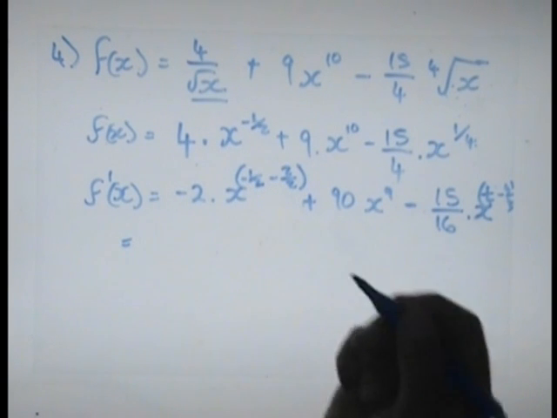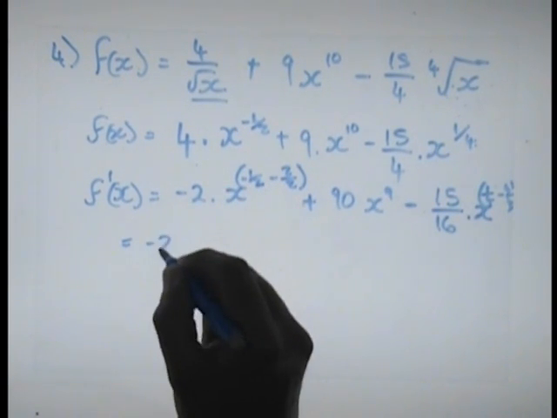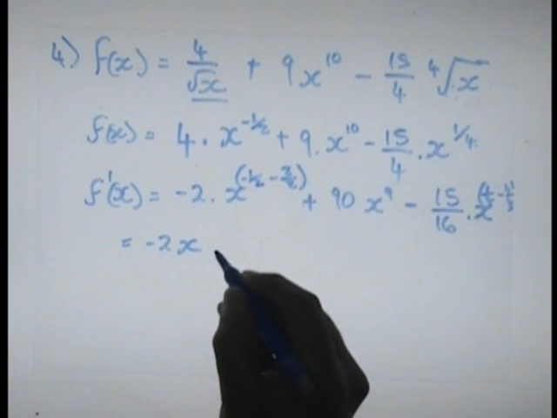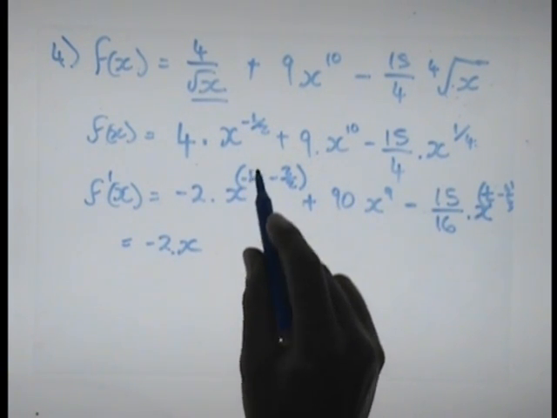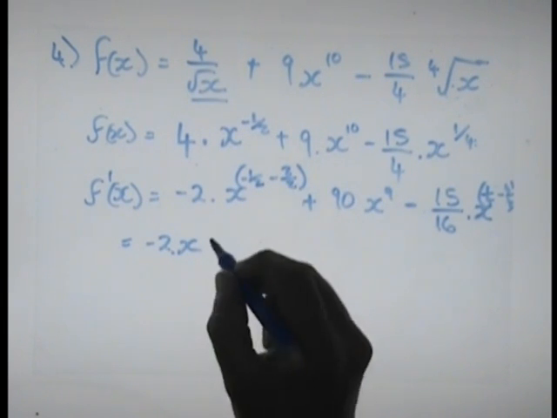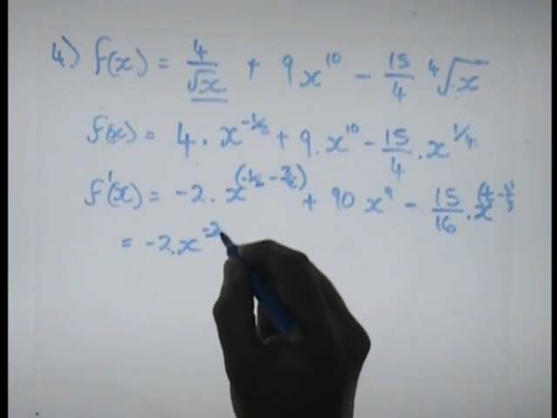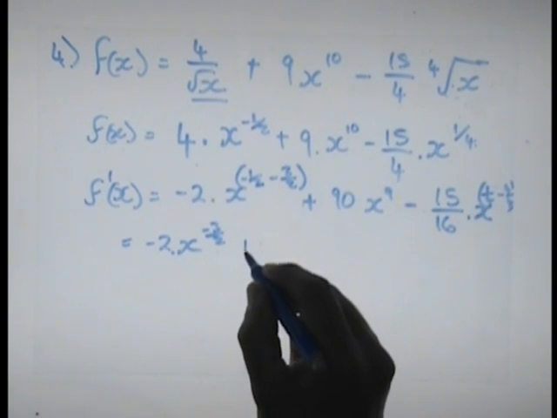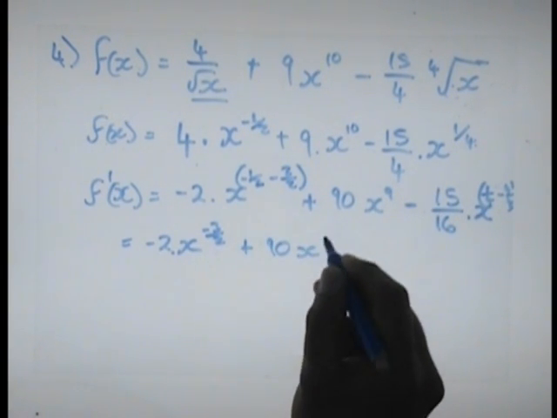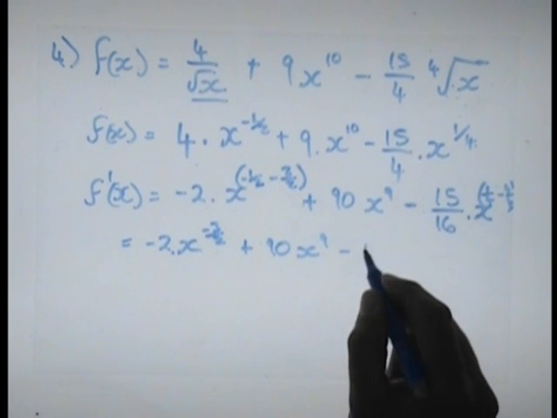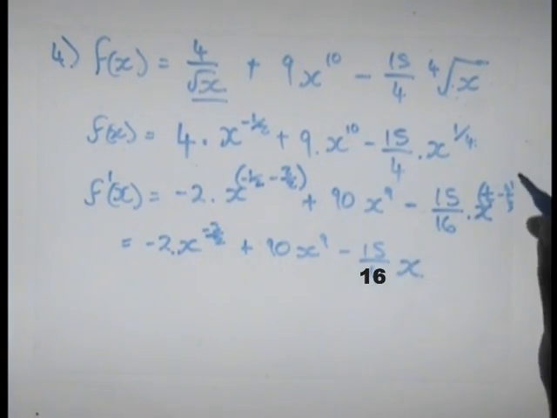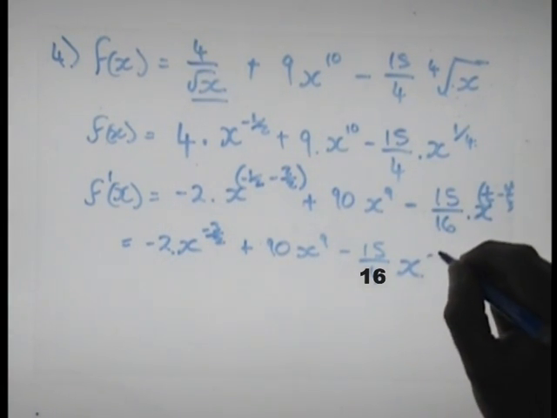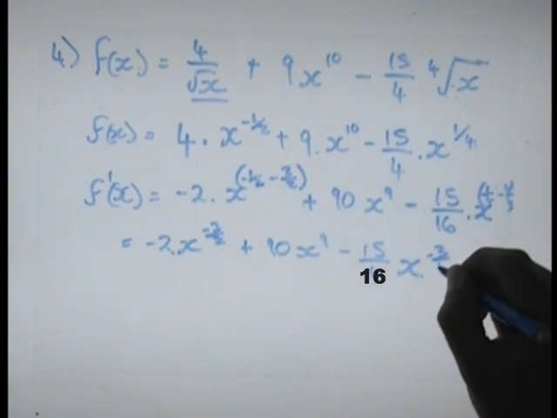That's going to equal negative 2 multiplied by x to the power negative 1 over 2 minus 2 over 2, which gives me minus 3 over 2, plus 90 x to the power 9, minus 15 over 16, x to the power 1 over 4 minus 4 over 4, which gives me minus 3 over 4.